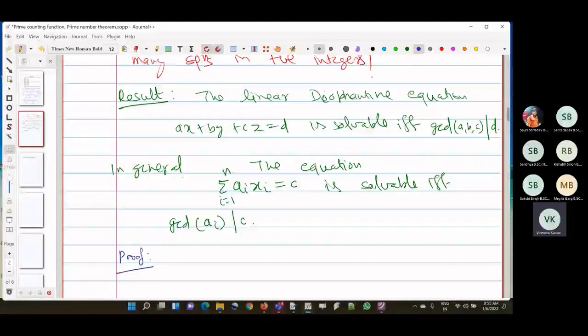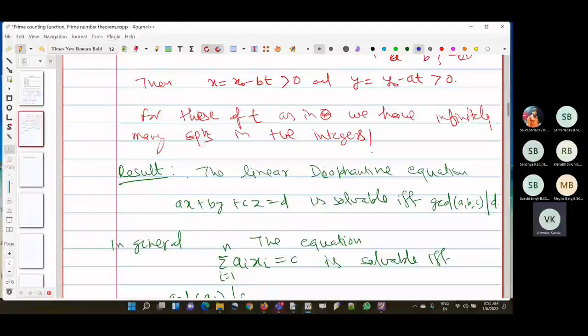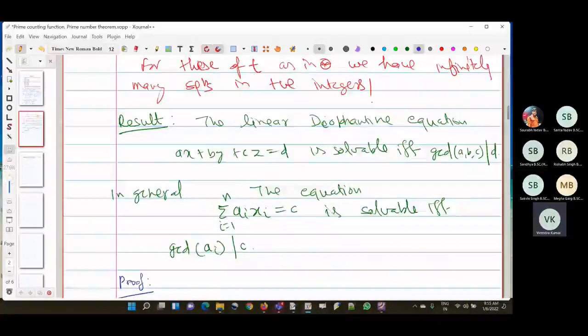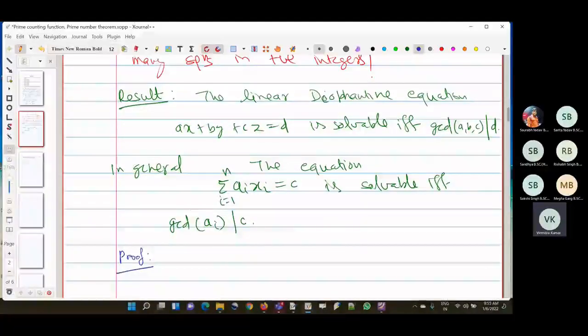The first part is that if this is solvable, then the greatest common divisor of a, b, and c should divide d. Okay, so let us assume the greatest common divisor of a, b, and c is equal to, for example, e.